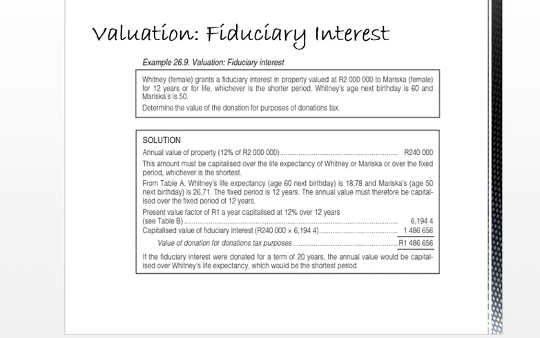So the first step is always to determine the annual value of the property at 12%, so it will then be 240,000 rand, and then this amount has to be capitalized over the life expectancy of Whitney or Mariska, or over the fixed period, whichever is shortest. So we've got Whitney, who is 60 years, and Mariska is 50 years, or the fixed period is 12 years. So what is shortest?